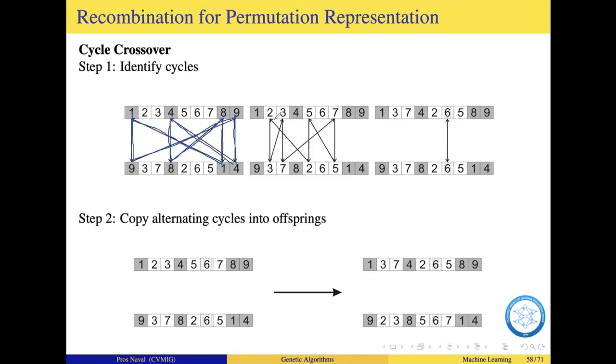For the second cycle, you start with position 2. Here, go down, it says 3, go to position 3 on P1, down 7, position 7 on P1, go down, position 5 on P1, go down, position 2 on P1, you now have another cycle.